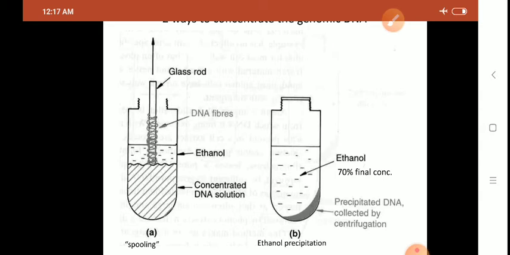RNA is broken, so RNA remains in the top layer of liquid. After adding ethanol, you centrifuge and the DNA will get precipitated and collected at the bottom of the tube. And in the supernatant, RNA ribonucleotide fragments are there which can be removed. This is how you can isolate pure DNA.